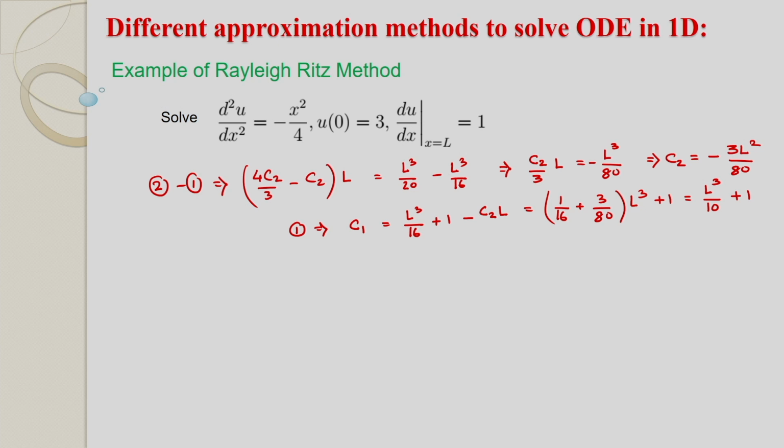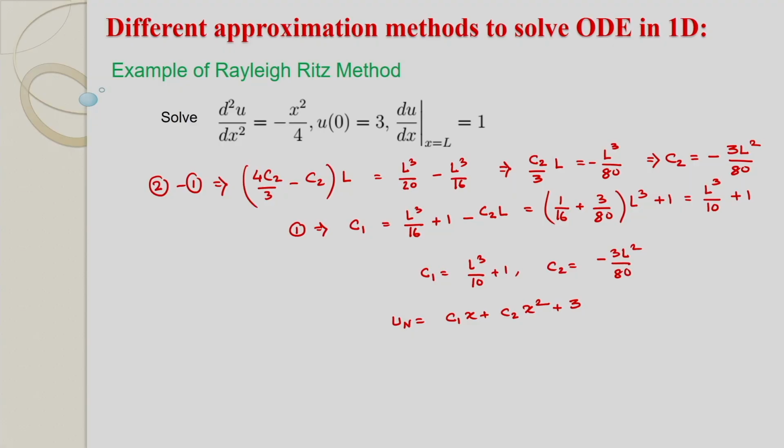Thus, we have solved for the two unknown constants C1 and C2. Then our un is C1 x plus C2 x square plus 3. So, we have solved approximately the distribution of the dependent variable u in the domain 0 to L using the Rayleigh-Ritz method.